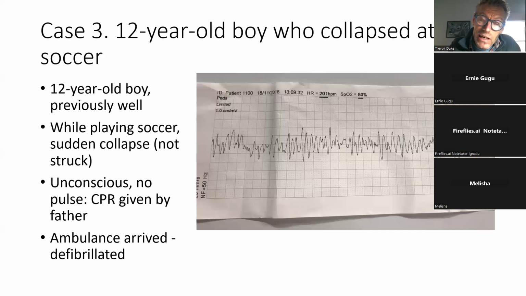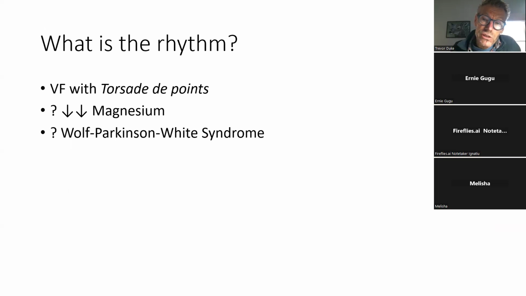This is Torsades, and it's a form of ventricular tachycardia that has the same effect as VT or even ventricular fibrillation. The heart will not be pumping blood. And so in this child, it's appropriate to do defibrillation to get the child back into a normal rhythm.